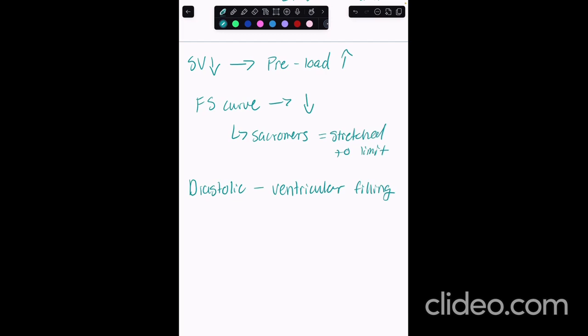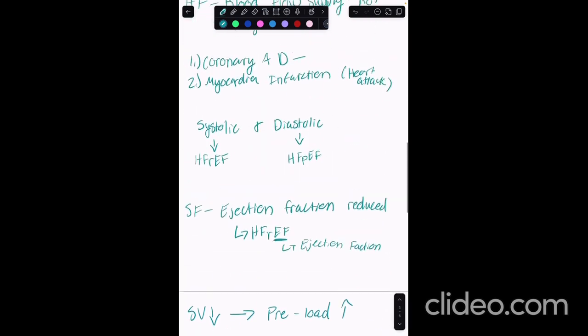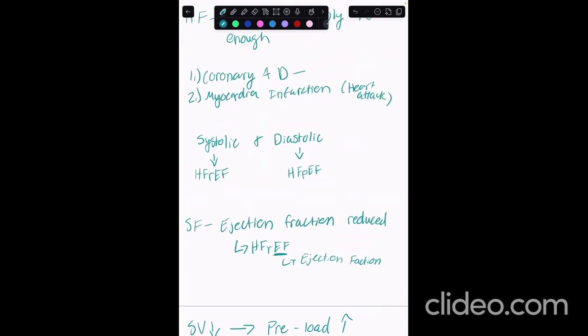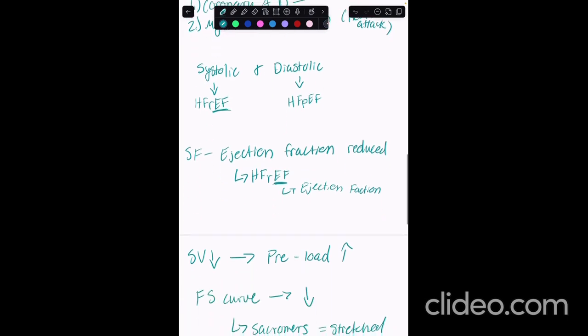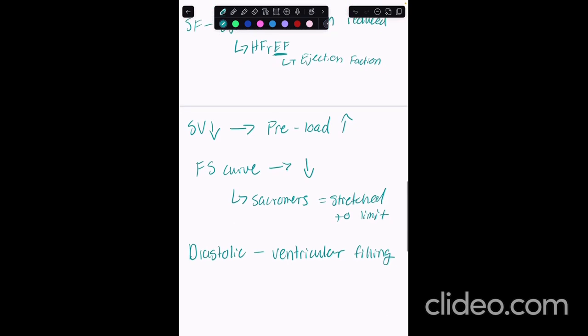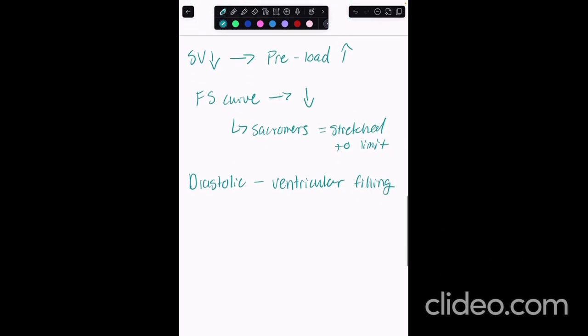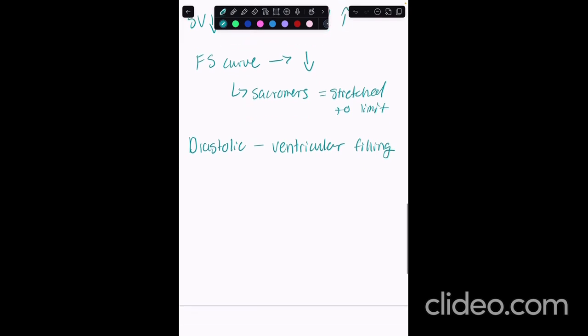With this type of failure, the ejection of the blood is not reduced, unlike in systolic failure, where you get your reduced ejection fraction. In this case, the ejection fraction is actually preserved. So the P in HFpEF, my bad, stands for preserved.